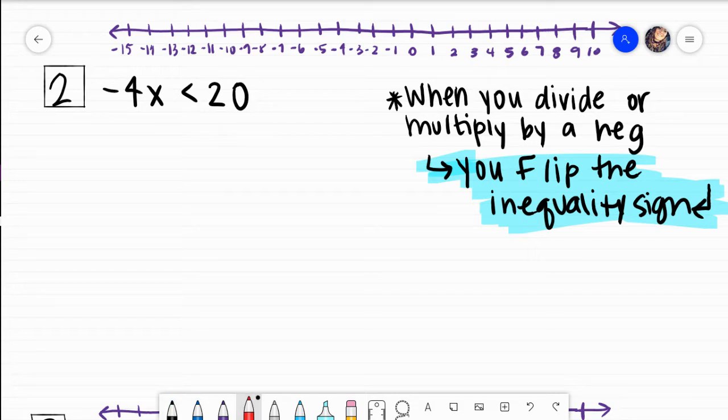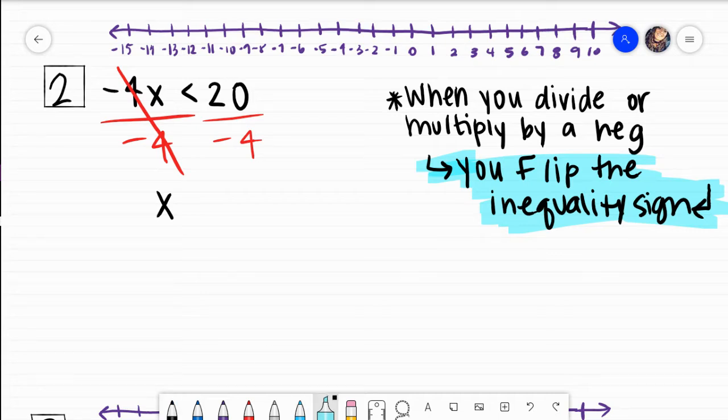I need to solve for my x. It's being multiplied by -4. I would do the inverse of multiplication, which is division. So divide by -4. Whatever you do to one side, you have to do to the other. On the left-hand side, -4 divided by -4 becomes 1, so the only thing I'm left with is x.